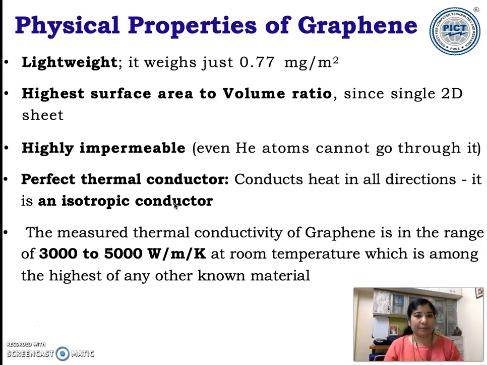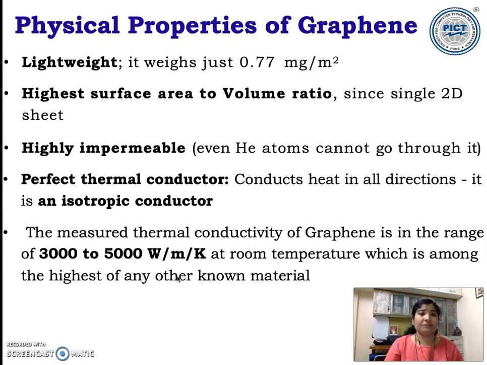As far as conductivity is concerned, it's a perfect thermal conductor. And why are we calling it a perfect thermal conductor? Because it conducts heat in all directions, hence it is an isotropic conductor, and the measured thermal conductivity is also very high, in the range of around 3000 to 5000 watt per meter per Kelvin at room temperature, which is among the highest of any known material.